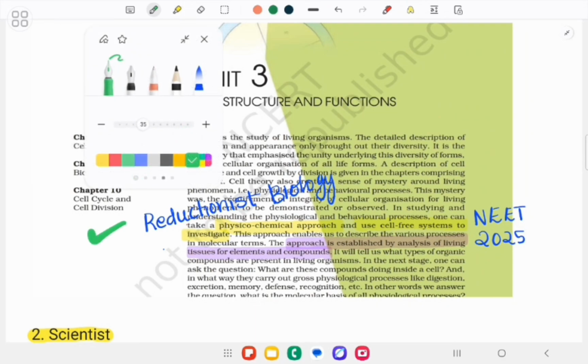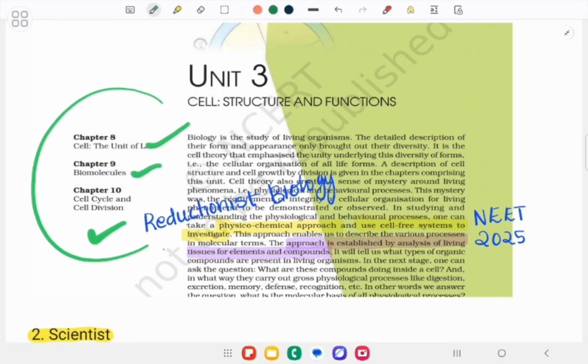All these chapters are very unique and come under one unit, that is cell structure and function. So when we consider this as a unit, we have some very important introduction for all these three chapters, which is mentioned in the unit introduction.